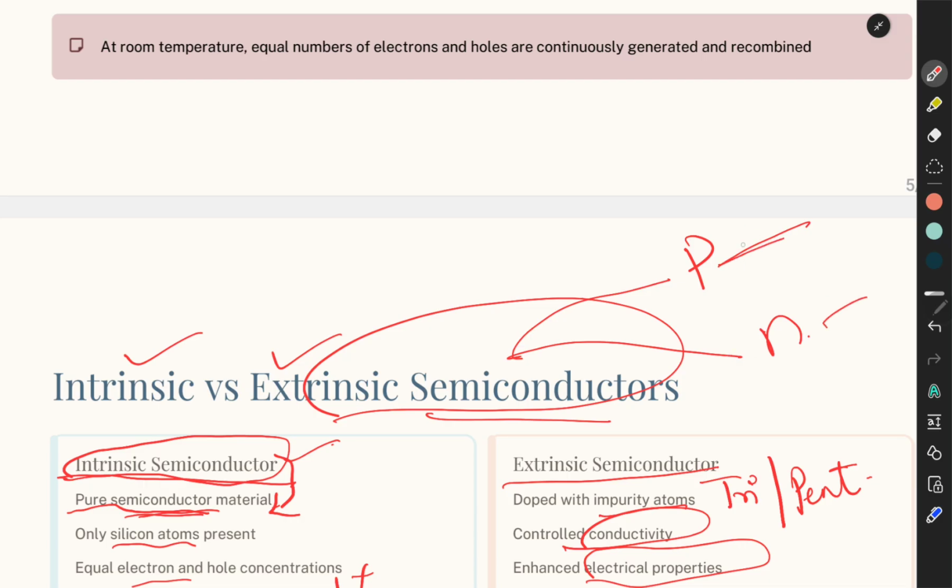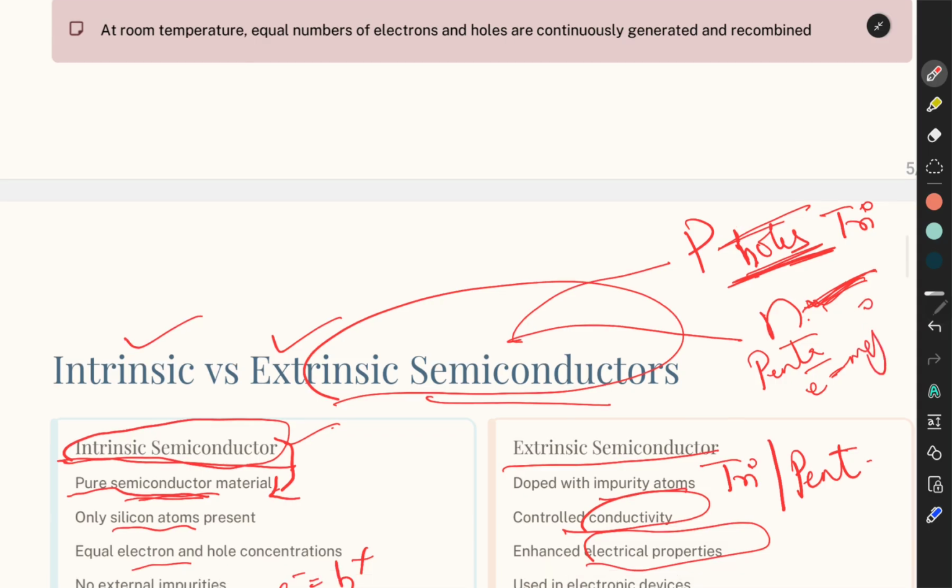When the holes are in excess, that is, when holes are in majority because a trivalent impurity is added. The semiconductor is called N type when a pentavalent impurity is added and electrons are in majority.